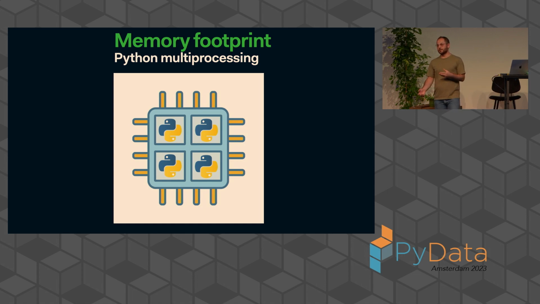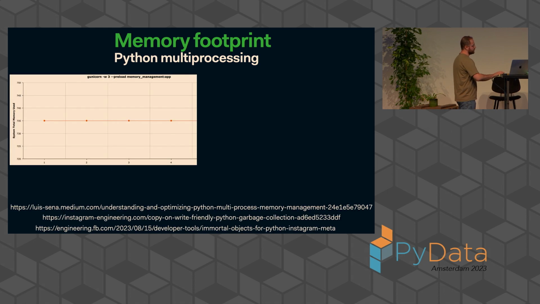And in any language, this usually is fine. The more you scale your service, in theory, the memory footprint should remain the same. And this is something you would expect in Python also. So you're going to use some sort of multiprocessing to efficiently use all your cores.